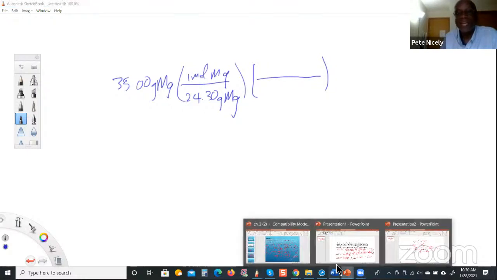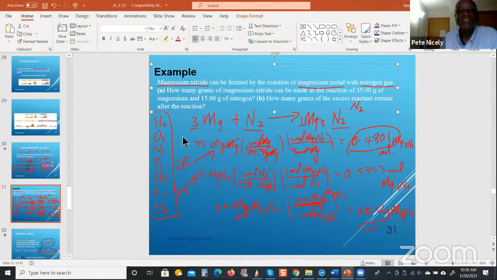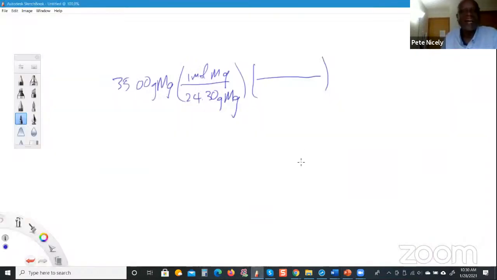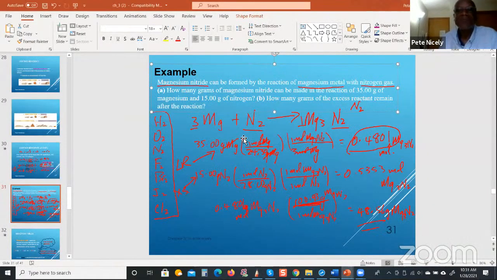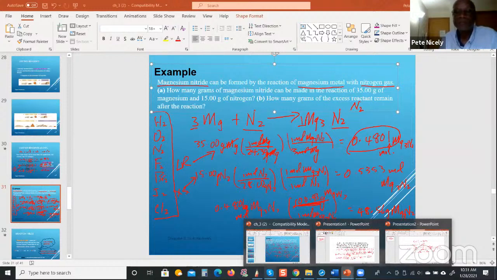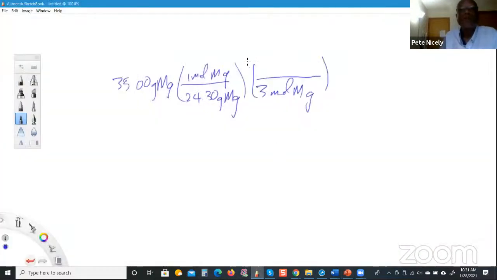Now, based on the equation that we started off with here, there's a 3-to-1 mole ratio between the magnesium and the nitrogen. So the way I'm going to represent that is I'm going to put 3 moles of magnesium down here, and 1 mole of nitrogen up here, all right?